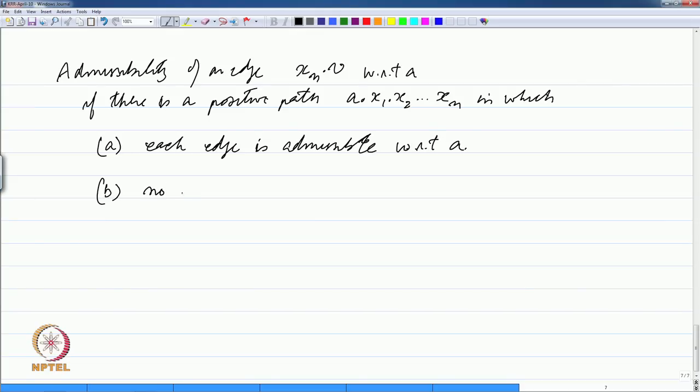No node x i on the path must preempt the edge x n dot v.